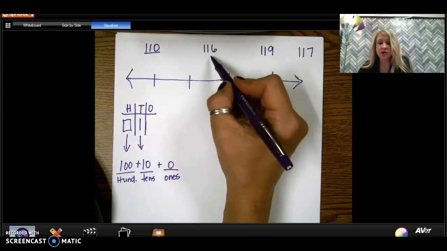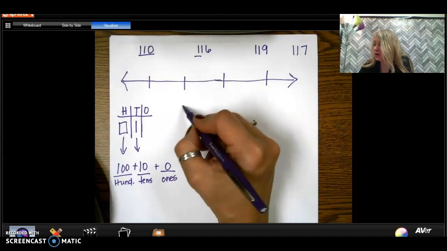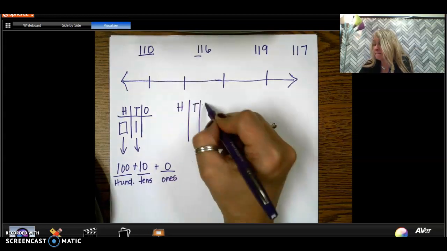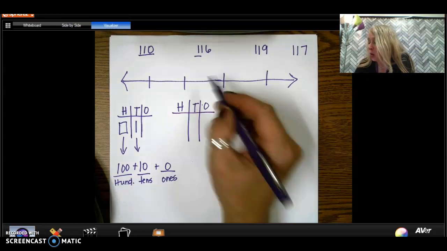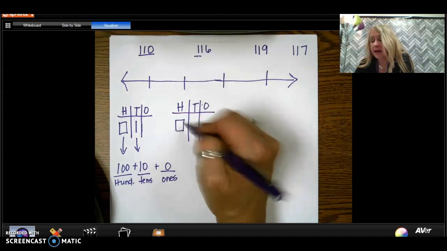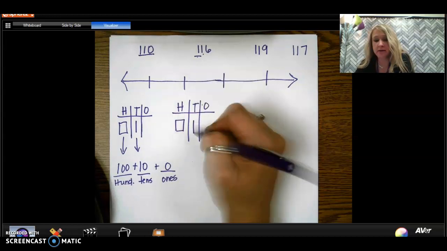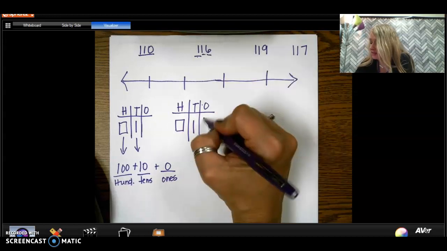Now, let's look at our next number, 116. How many hundreds are in 116? How many? I didn't hear you. 1. 100. How many tens are there? There's 1. And how many ones are there? 6.